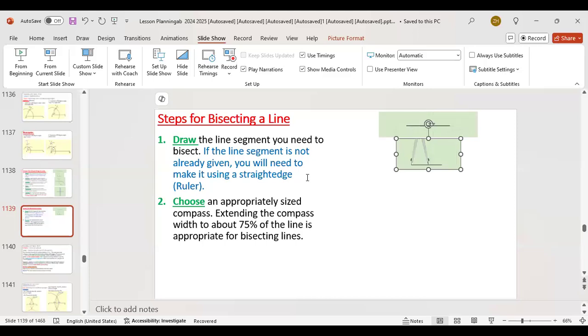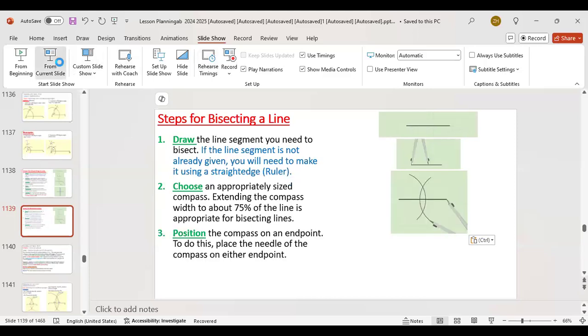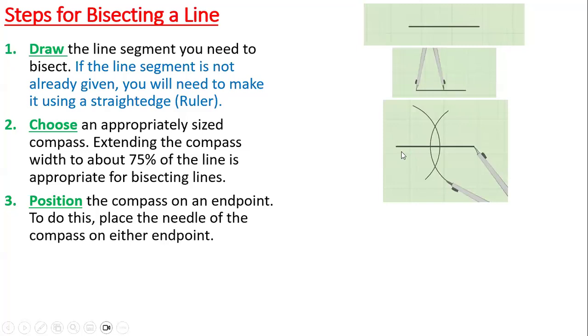All right, next. After we've already done that, we're going to position the compass to an endpoint. You see how we already had the compass at about 75% of the way.